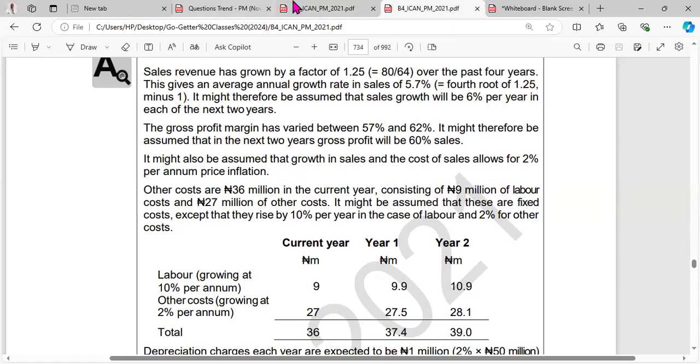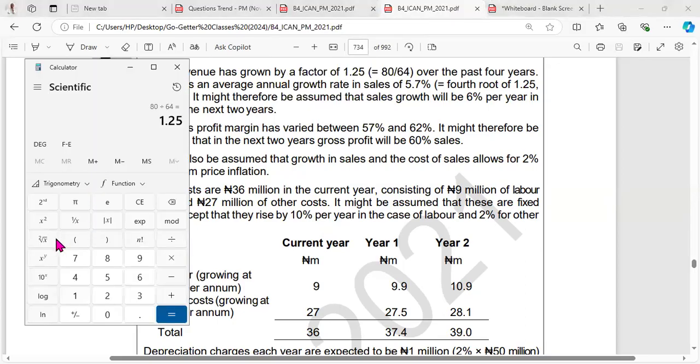So what's the fourth root? How do we get the fourth root? This is like square root. This is square root. This is square.